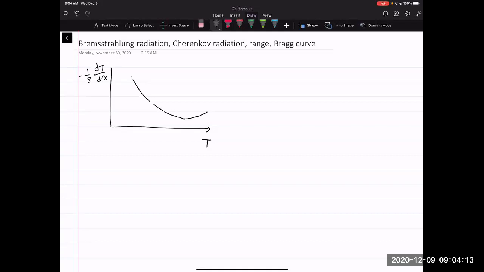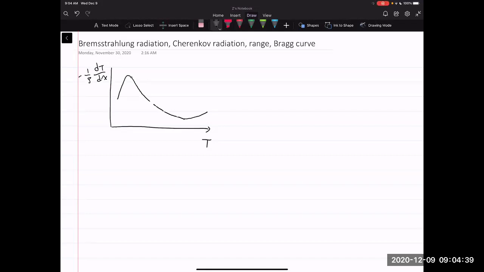At the low energy end, when the charged particle's speed becomes really, really slow, it's going to capture electrons from the material, so that it's going to reduce the stopping power. The typical shape of the stopping power looks like this.